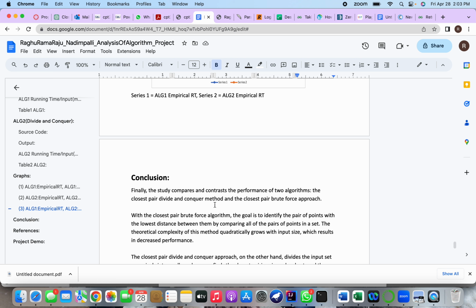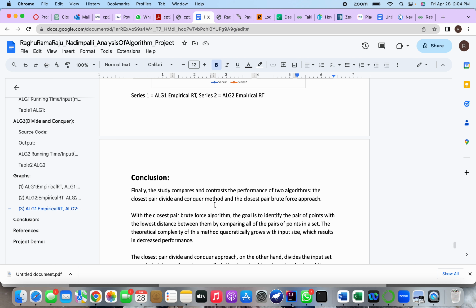The brute force method involves checking the distance between every pair of points, resulting in a time complexity of O of n square. The second one, divide and conquer, involves sorting the points, recursively finding the smallest distance in subproblems, and merging the results, resulting in a time complexity of O of n log n.